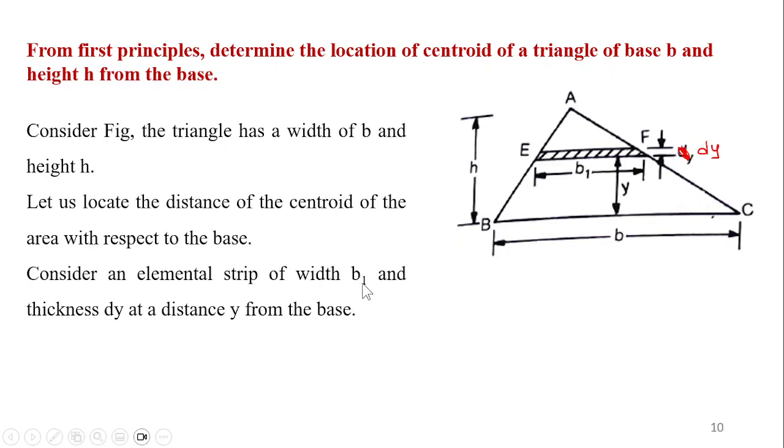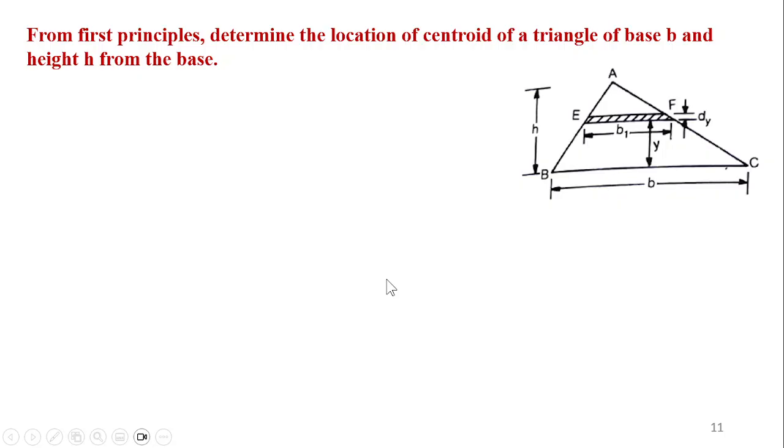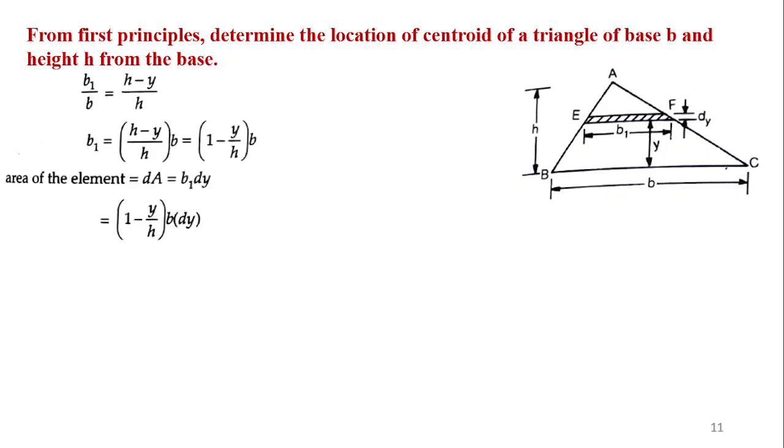The area of that is dA, which is nothing but b1 multiplied by dy, and that b1 we convert in terms of the other quantities using the similar triangle principle. So you have the elemental area of the element.